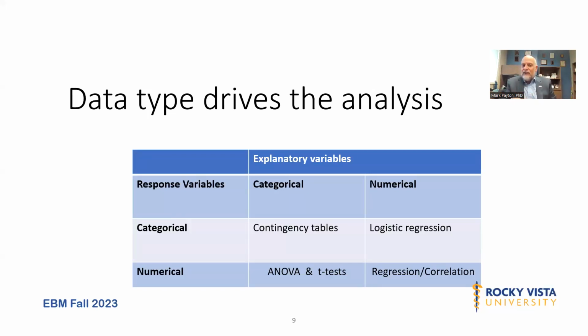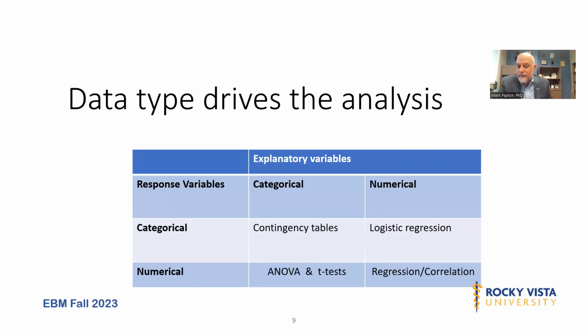And so depending upon whether the explanatory variable is categorical or numeric, and the response variable categorical and numeric, you get this spectrum of four broad categories of analyses that you can look at here. And so the big ones for us are actually going to be the contingency tables, ANOVA and t-test, and regression correlation. Logistic regression is a little bit beyond the scope of anything that we would do here, though it's a very useful analytical technique.